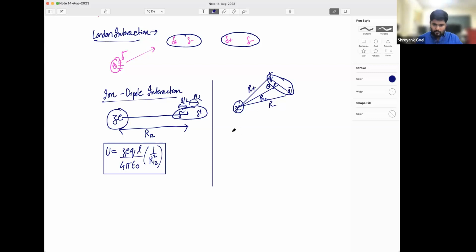The interaction energy comes out to be Z E Q L cos theta divided by 4 pi epsilon naught, 1 by R12 square, considering the fact that L by R12 is less than 1.